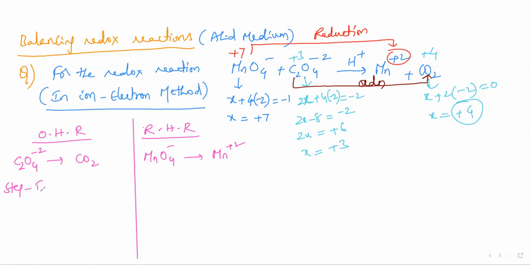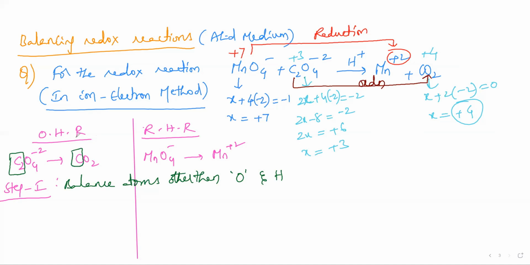Step 1: Balance atoms other than oxygen and hydrogen. Now we consider this oxidation half reaction. Which atoms are present other than oxygen and hydrogen? Carbon. Here how many carbons are there? 2.